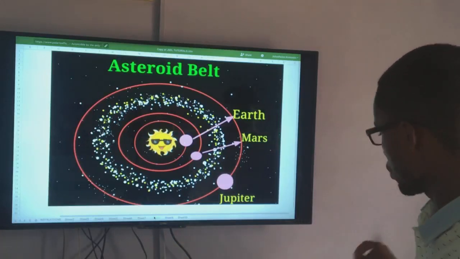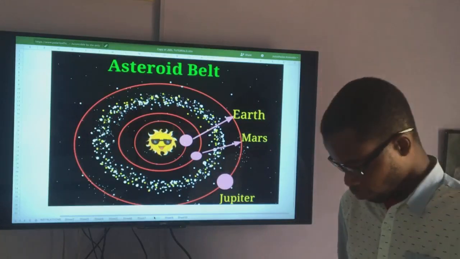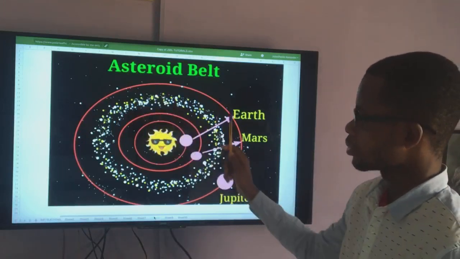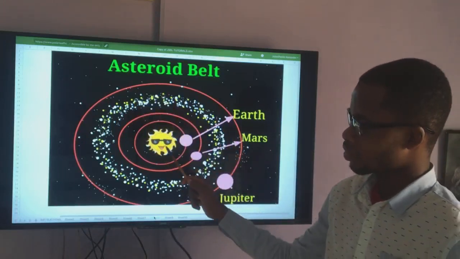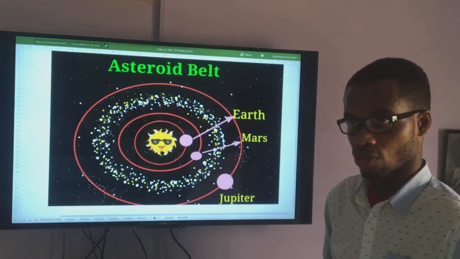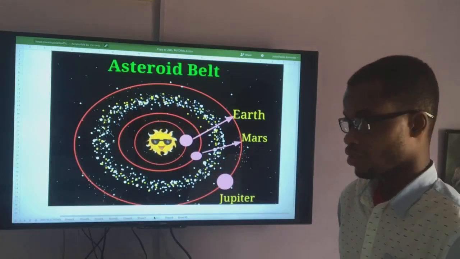You can see the image here. You have the asteroid belt, and the sun is here in the middle of the solar system. The solar represents the sun.